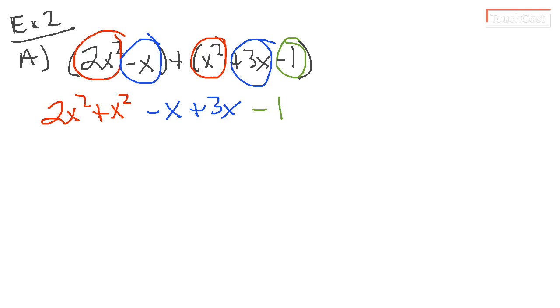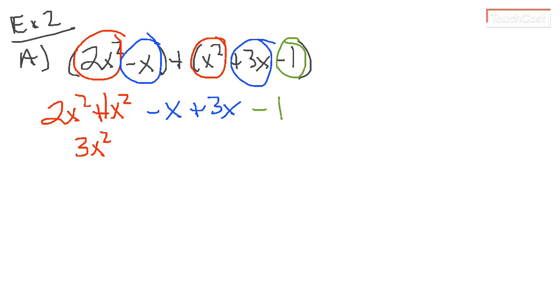Well, in red, our 2x squared is getting another x squared added to it, and there's, just as a reminder, always a secret 1 that's out in front of there when we don't see any other numbers. So 2x squared and another x squared is going to make 3x squared.